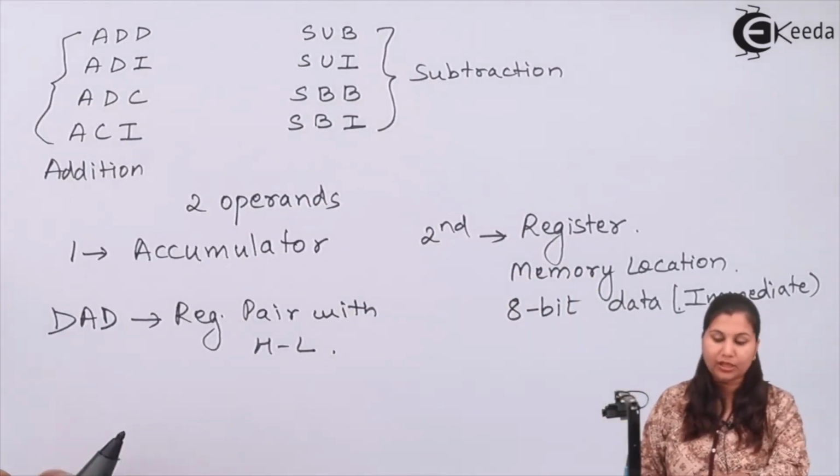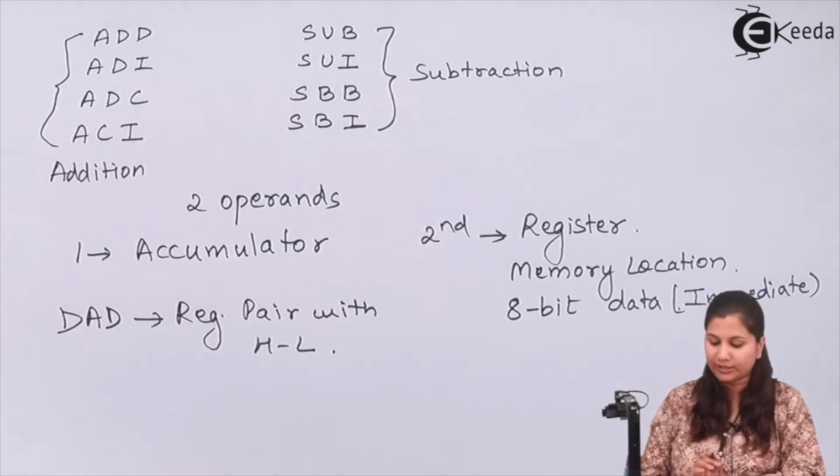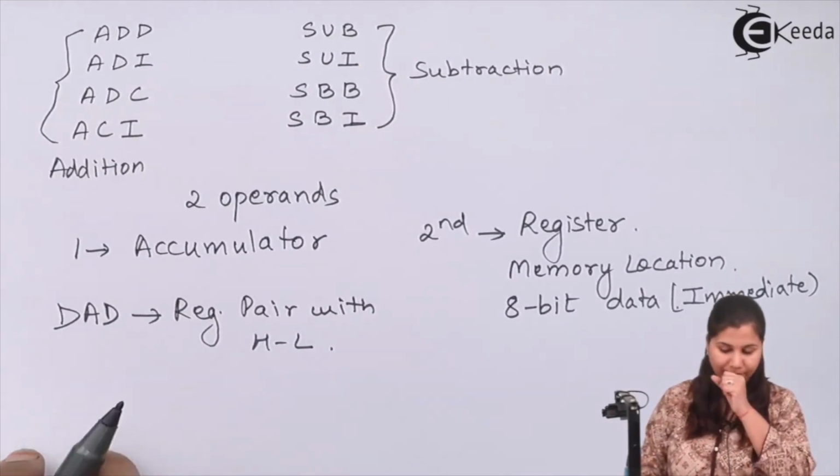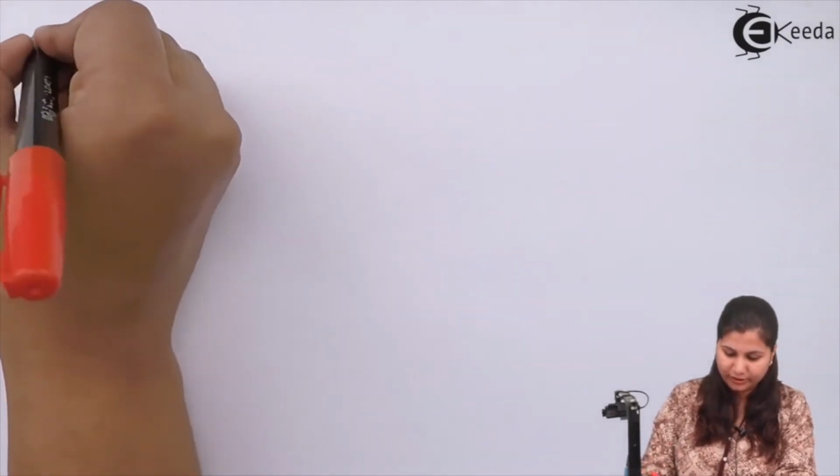Now the next instructions which come under the category of arithmetic instructions are increment and decrement. Increment is increasing the number by 1 and decrement means decreasing the number by 1. So first we will study the increment instruction.